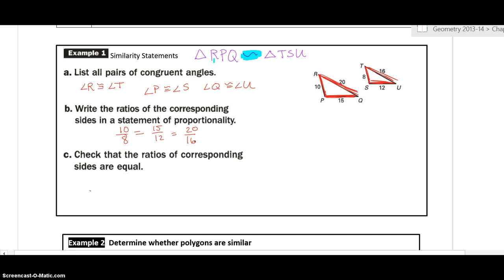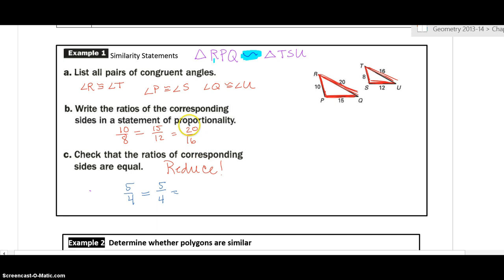Okay, so right now those might not look equal, but it says check that the ratios of the corresponding sides are equal. So what we want to do is reduce. In the first ratio here, we can reduce by 2, it'll be 5 over 4. In the second one, we can reduce by 3, we get 5 over 4.